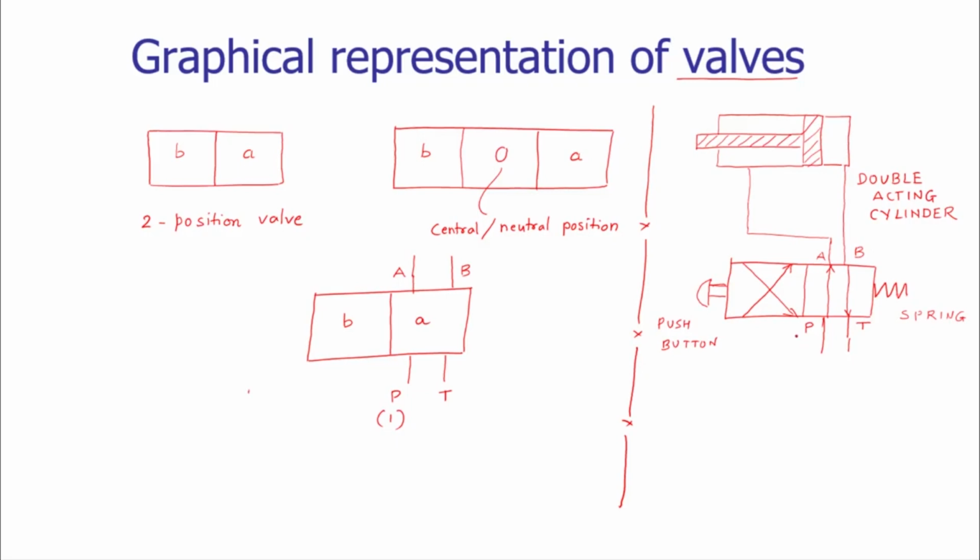To change the connections of the ports, we are using a push button arrangement. As we push the button here, the connections go in the opposite direction. P gets connected to B and A gets connected to T. So in this way, by drawing a simple graphical representation, we can communicate very complex operations of hydraulic systems.